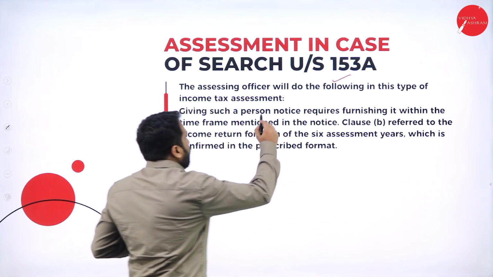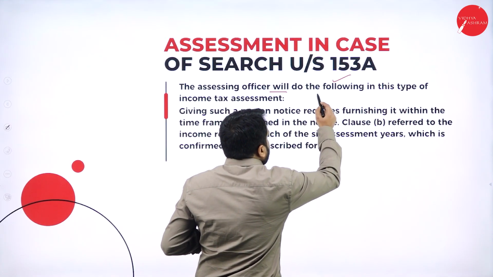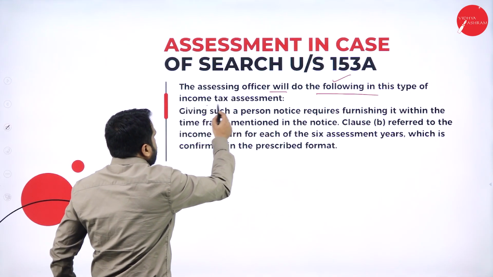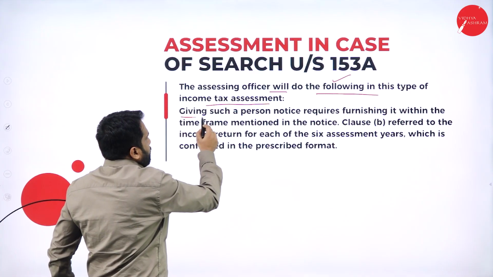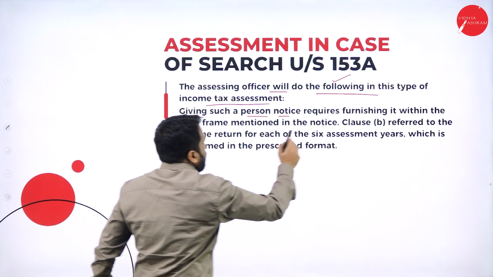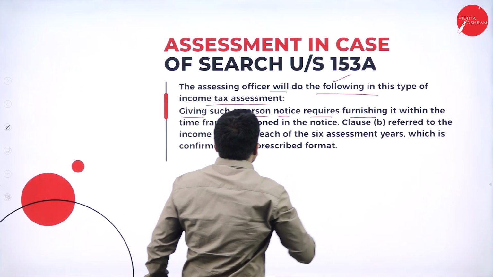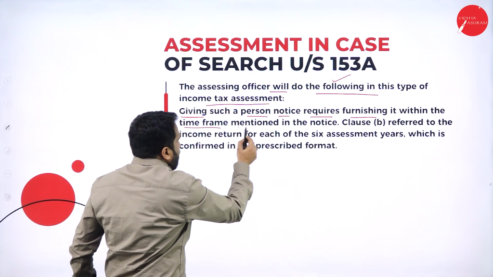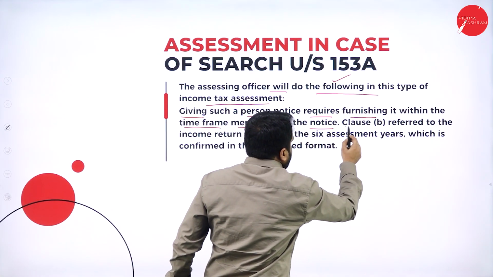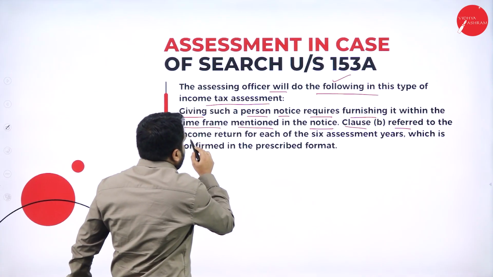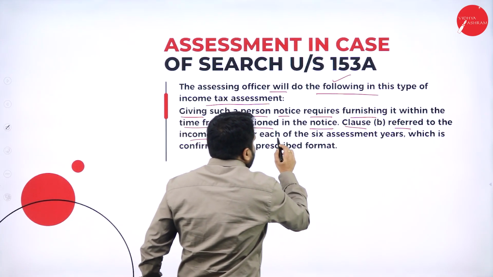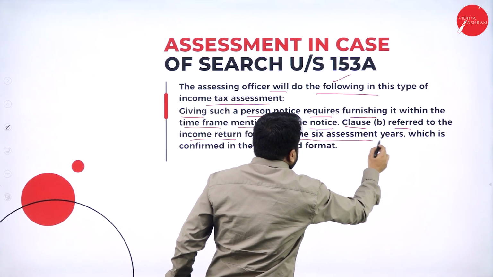Now, assessing officer will do the following in types of income tax assessment. Serving such person notice requiring furnishing within the time frame mentioned in the notice the income tax return for each of 6 assessment years.